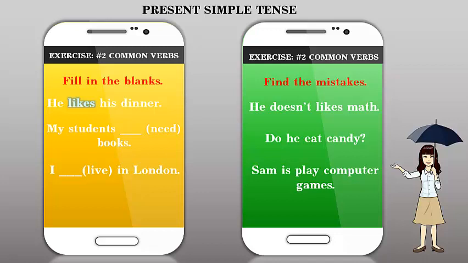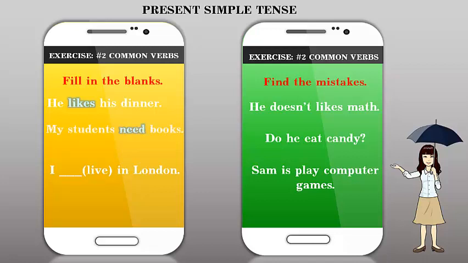The next sentence says, my students blank. I want you to think of need, books. What is the subject pronoun for my students? The correct answer is they. If the subject is I, you, we, or they in the present simple tense, we don't change the verb. We keep it as is. So the correct answer is my students need books.